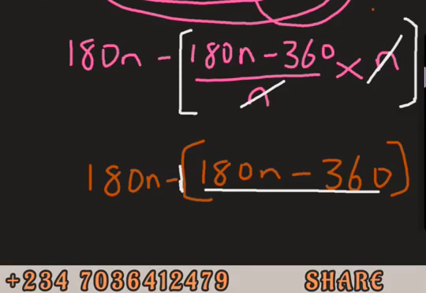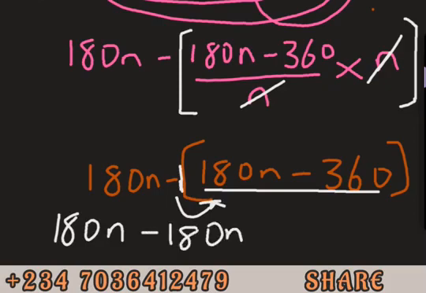And that will give us, over here, we still having 180n. Minus 1 times this gives us minus 180n. And minus 1 times this gives us, minus times minus gives us plus, and 1 times 360 gives us 360.